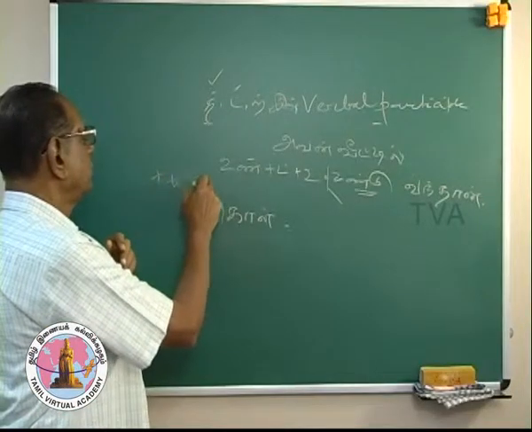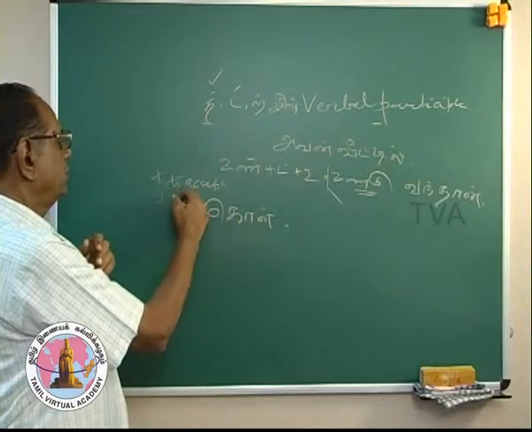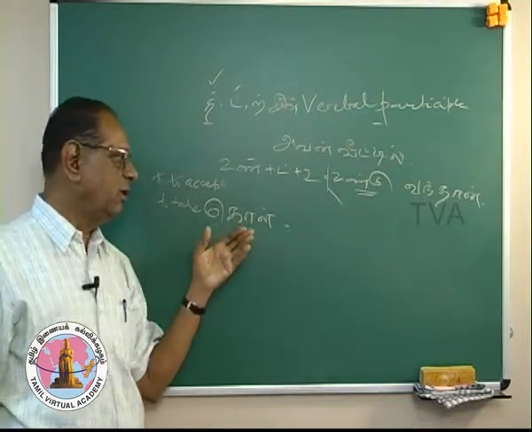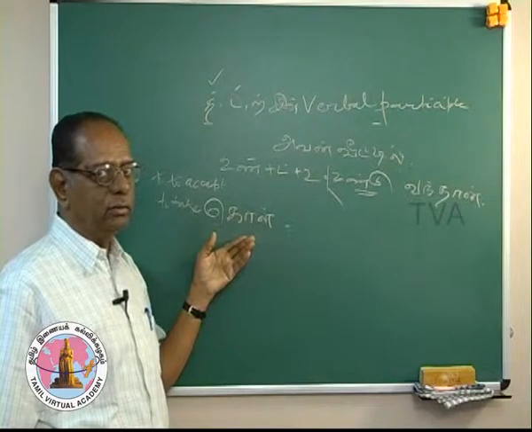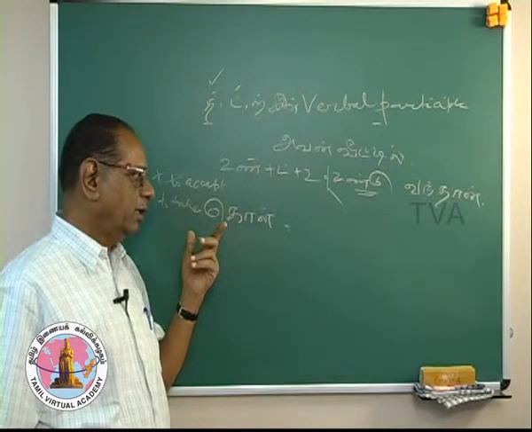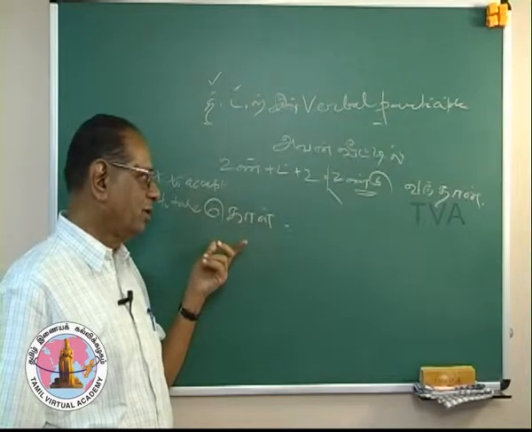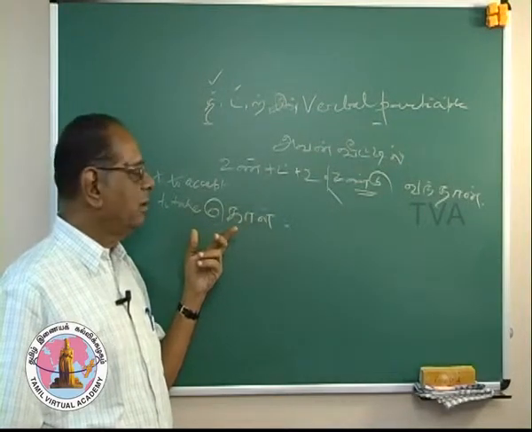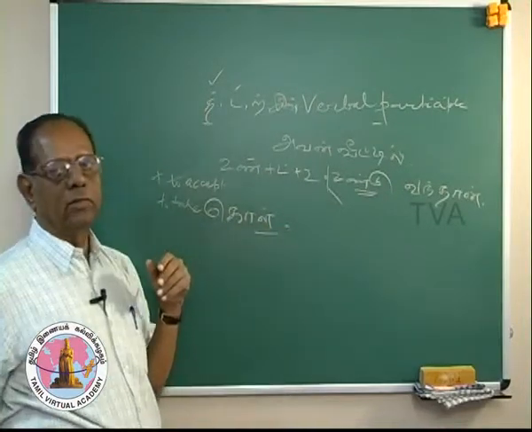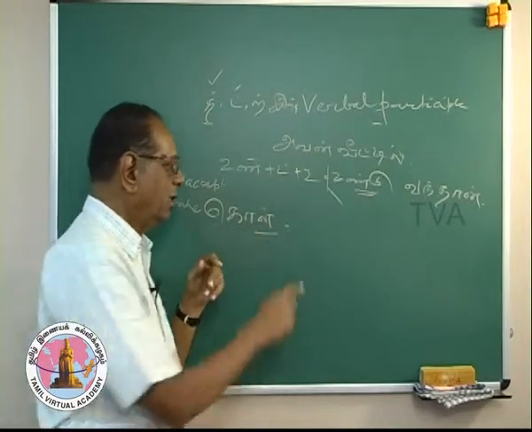To accept, to take, etc. This is a very important verb which we ought to have learned earlier, because I didn't want to burden you with so many verbs of so many types. I did not use it then. Now I am using it. Kol. This ends with a medial. Kol. It takes.